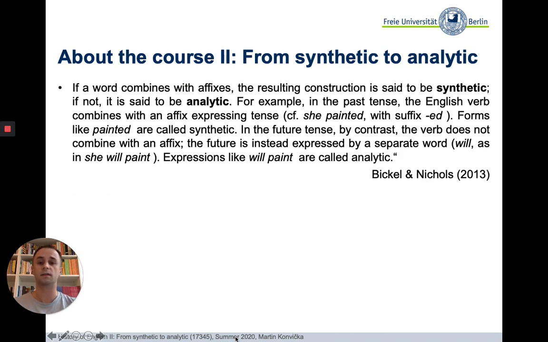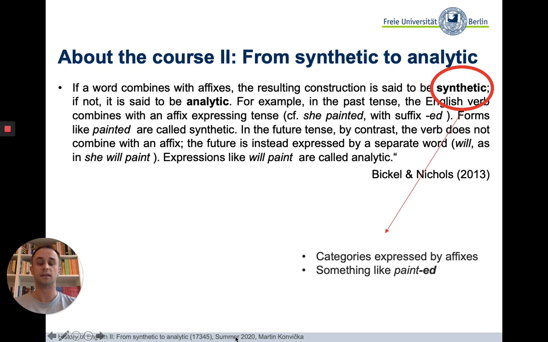Right, then the subtitle of this course is From Synthetic to Analytic. If you look up a definition of what these words mean, you will find something like this. Synthetic describes the fact that grammatical categories are expressed by affixes. In English, that would be something like the past tense affix -ed in painted.